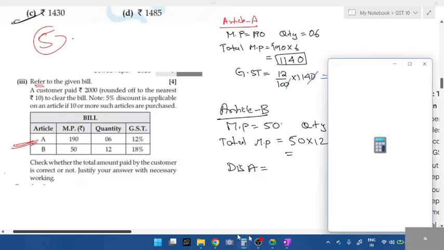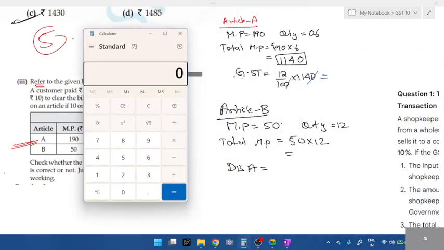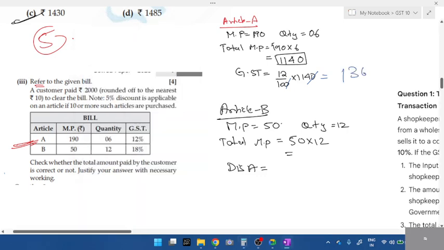It's getting late, students. It'll take so long to complete. Very good. 136 divided by 10, 136.8. Now, what is the total mark price for this? Is it 6000? Sorry, 600, right? 600. And what is the discount? What discount have they given, students? What's the discount percent? 5. Very good. 5 divided by 100 into 600.